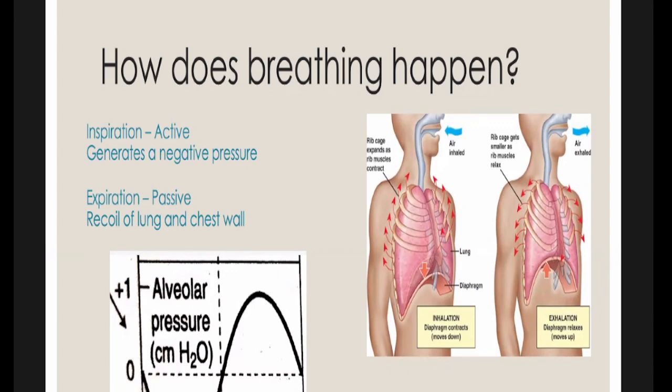The diaphragm moves down and the intercostal muscles contract and it has this bucket handle movement, and they all congregate together and the chest wall AP diameter increases.